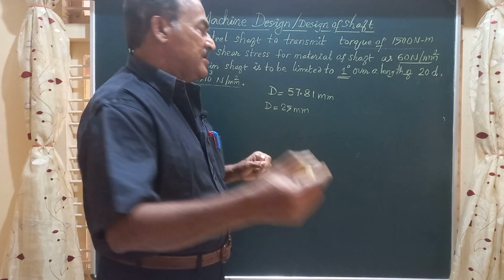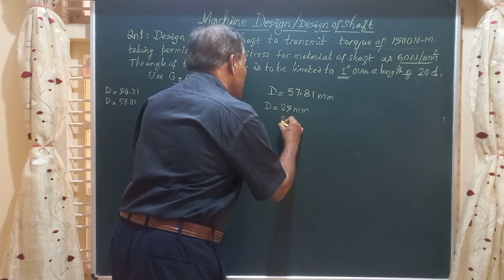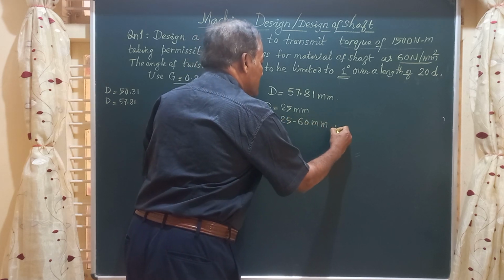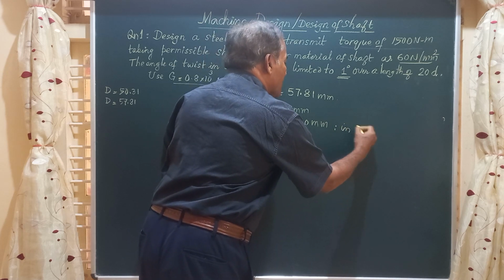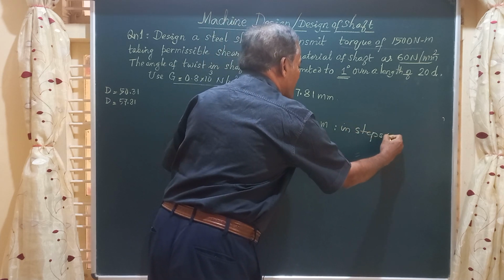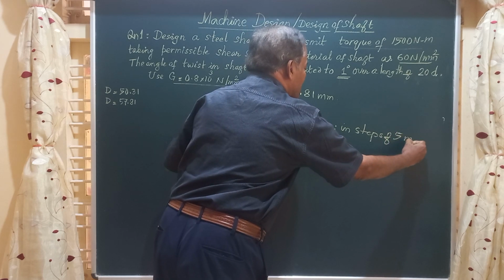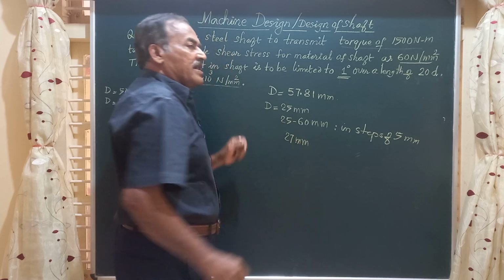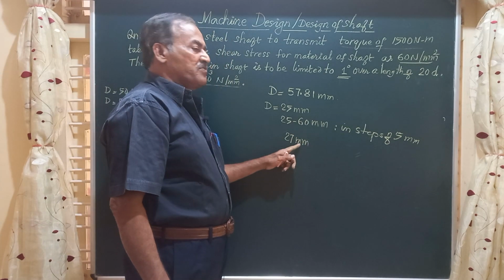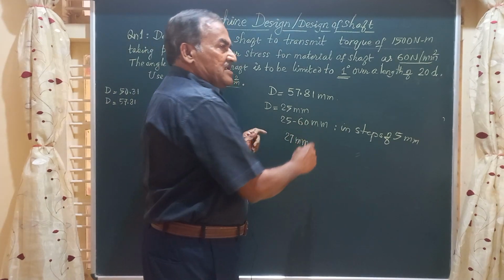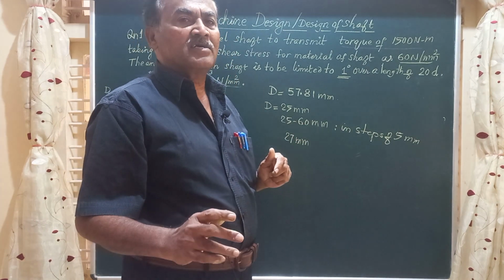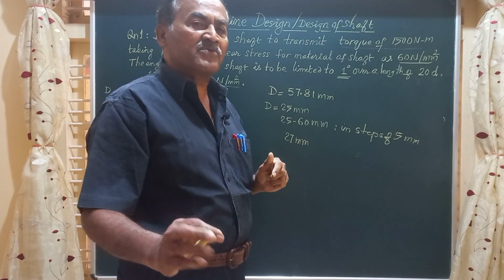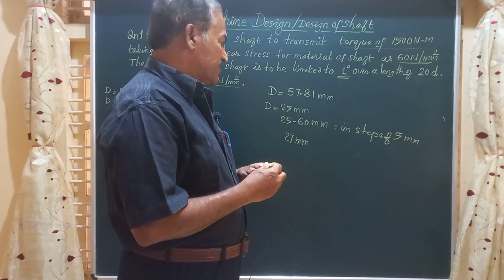Then for higher values, like say up to 60, 25 to 60 millimeter, you have standard sizes available in steps of 5 mm. So what's the meaning of that? Suppose I have got 27 millimeter as the shaft diameter required, but we don't go in for 27, take 30. Suppose you have got 37 millimeter, take standard size 40. If it is 42.5, take 45 millimeter as the shaft diameter.